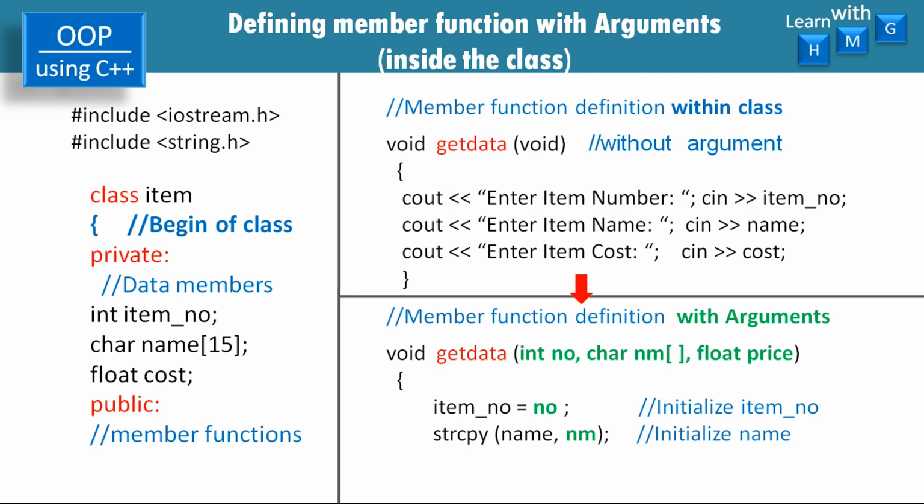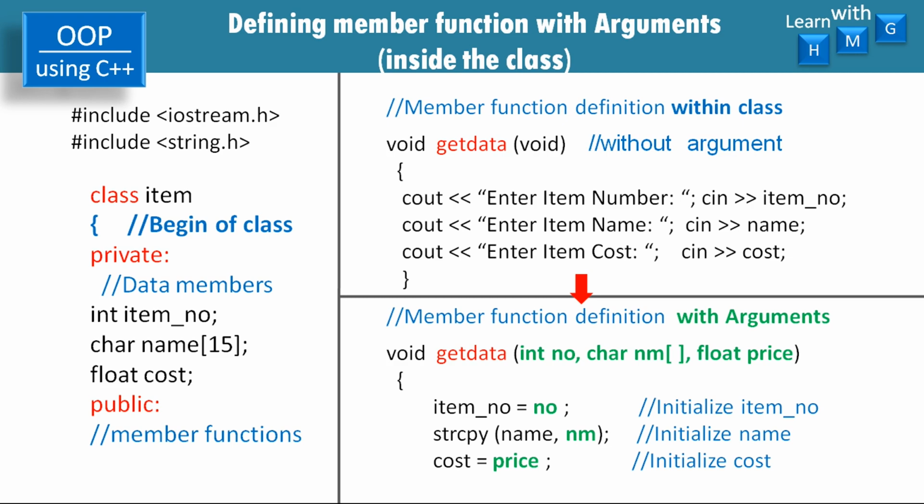But if it is a string, then you have to use the string copy function. The strcpy function works similar to the assignment operator for numerical data, and strcpy, that is string copy, works for string type data. So here the value of nm will be assigned to name, and the third assignment is cost is equal to price.